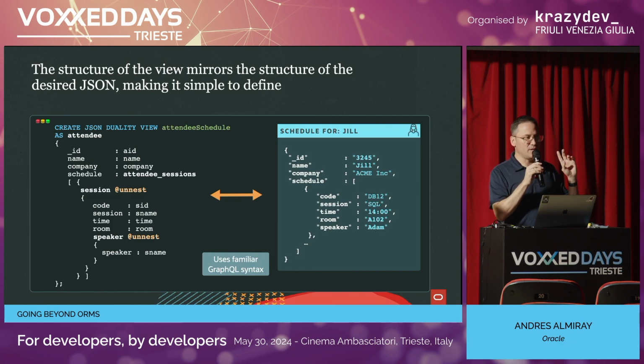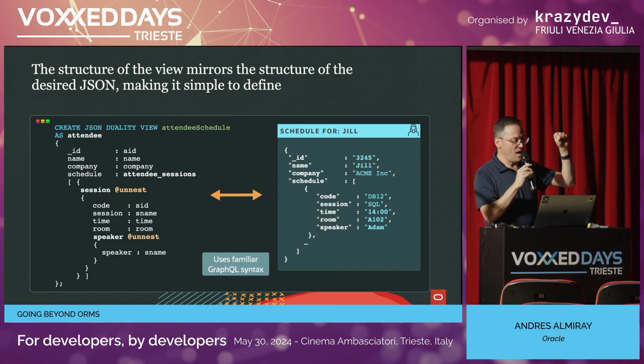We can use either a JSON definition, or in this case, I'm showcasing a GraphQL definition. So when we have this sentence on the right, create JSON duality view, that's a bunch of keywords, and then we give it a name, and then we open that document, this graph definition.